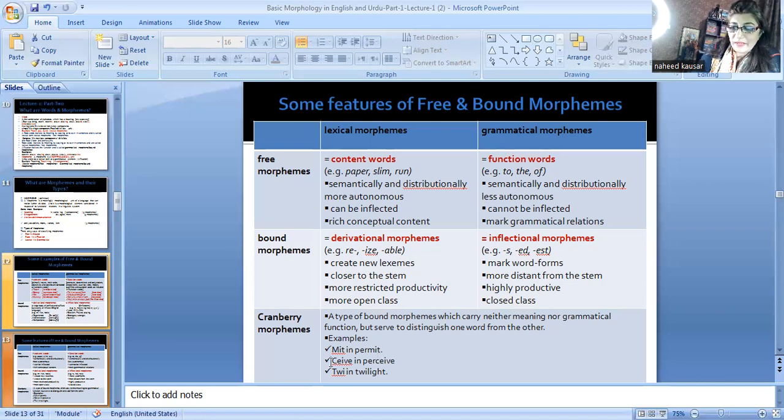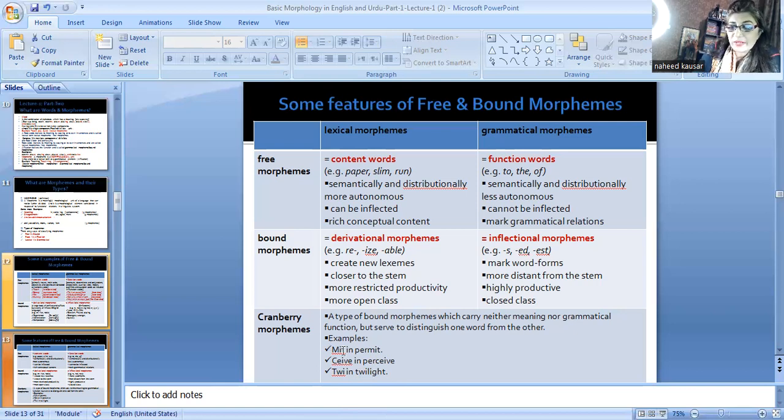Similarly, another example, sieve, in the word perceive. The morpheme sieve comes in so many words. Here only one example is given, but we'll do more examples in the next videos. Twilight, the morpheme twi in twilight.